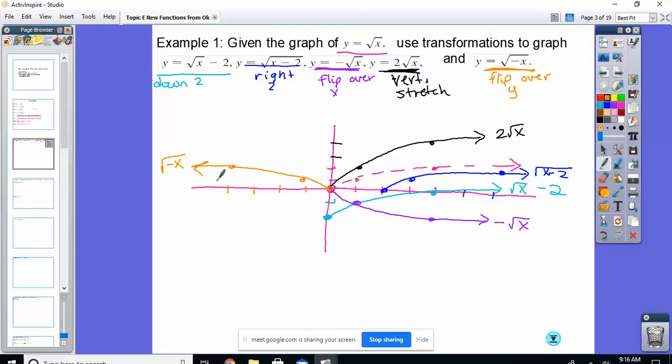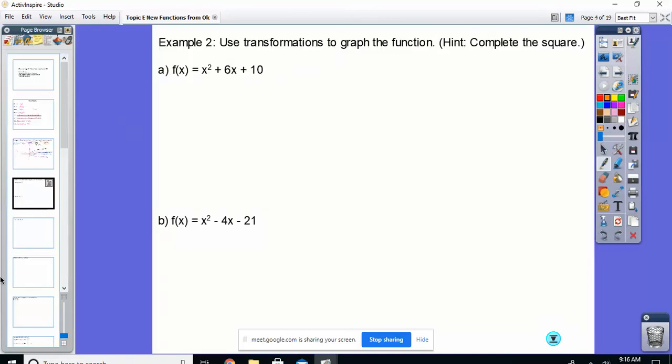We recapped all of our transformations in one example. Something we are going to do, we did it back in college algebra. I want to use transformations to graph this quadratic.